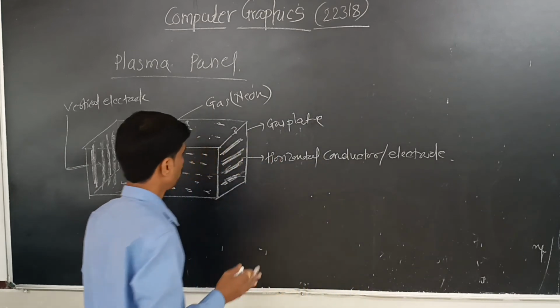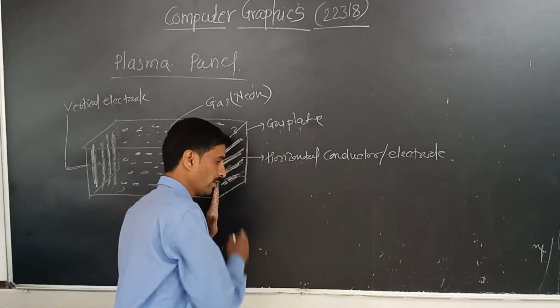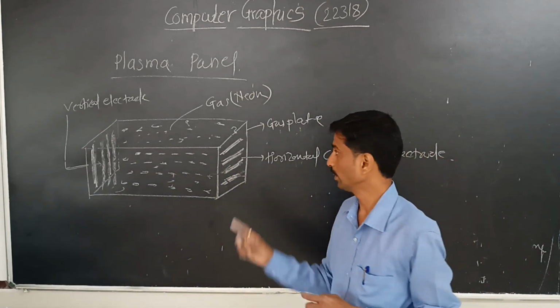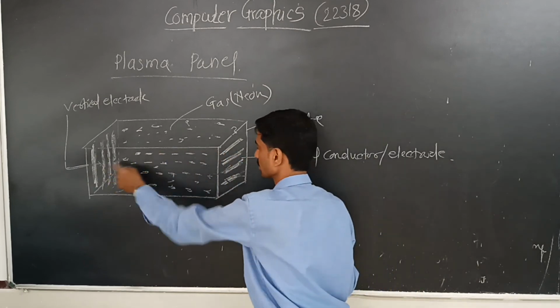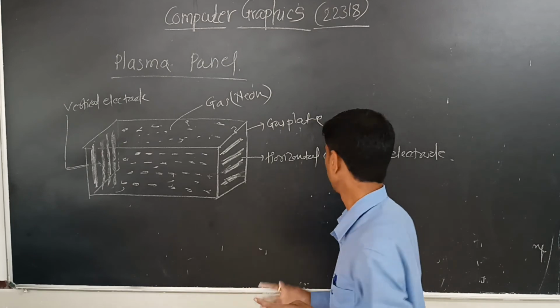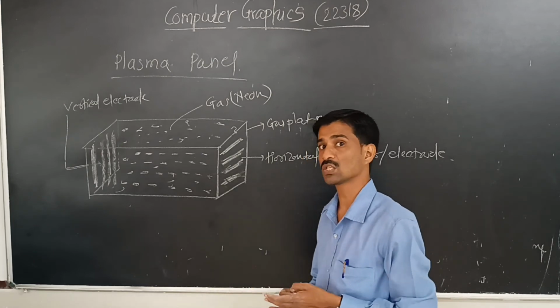The glass plates also contain electrodes, and the arrangement of these electrodes is perpendicular to each other. What does that mean?